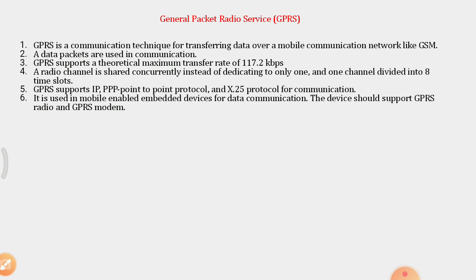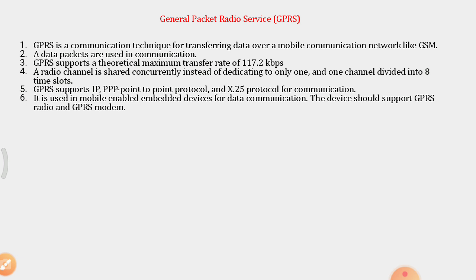Then General Packet Radio Service, that is GPRS. This is known by everyone, I think, so we'll go to the points. GPRS is a communication technique for transferring data over a mobile communication network like GSM.